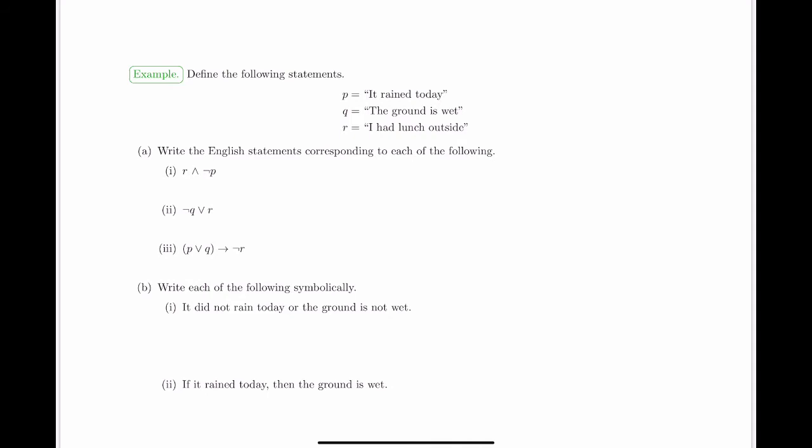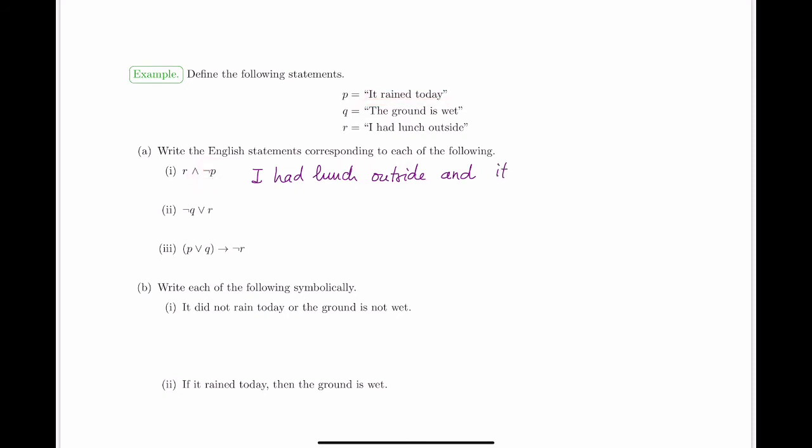So what we have here is R and not P. And we can simply just read this off the actual definitions. R means I had lunch outside. And not P. So I have the statement, it rained today, and I have to negate it.